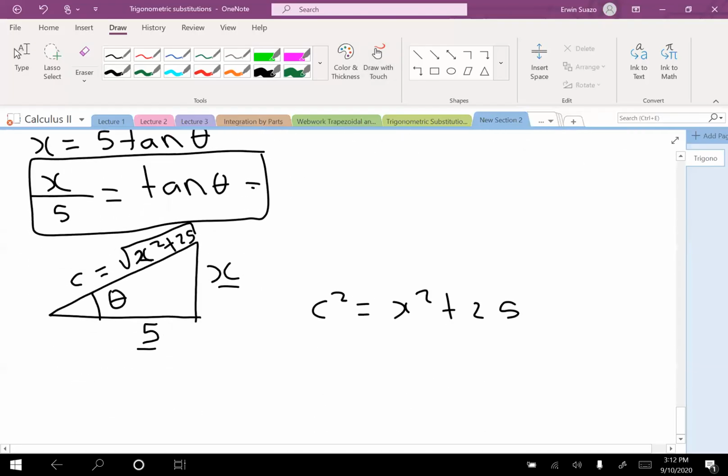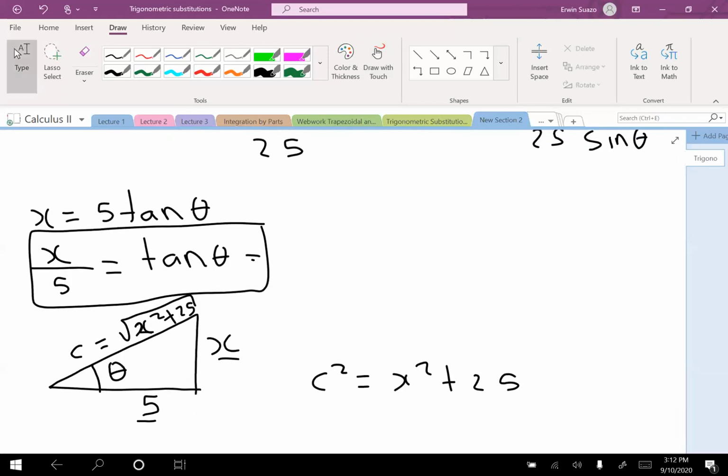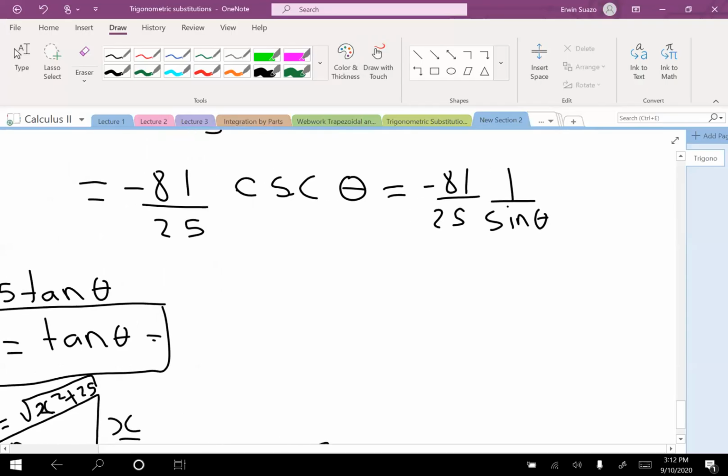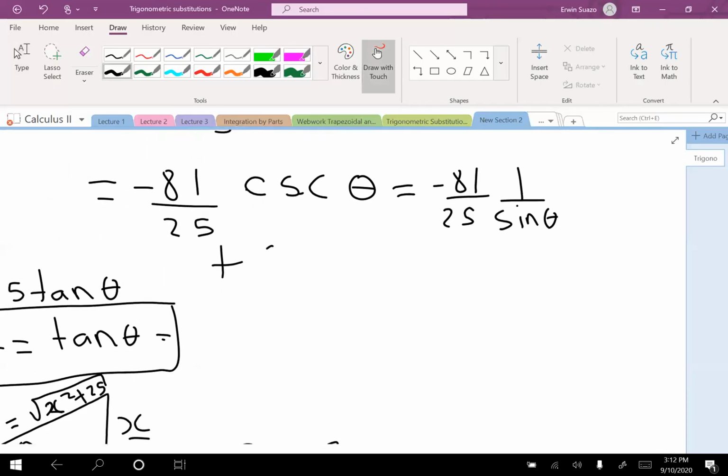So now we're done. Sine of theta is what? Opposite over hypotenuse. Okay, I forgot my plus c. Now this is plus c, and then this is minus 81 over 25, 1 over sine of theta.